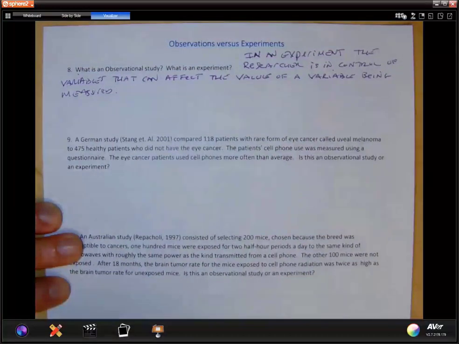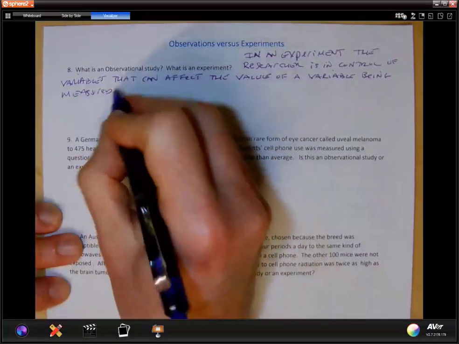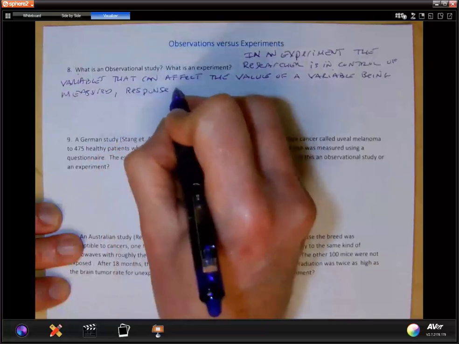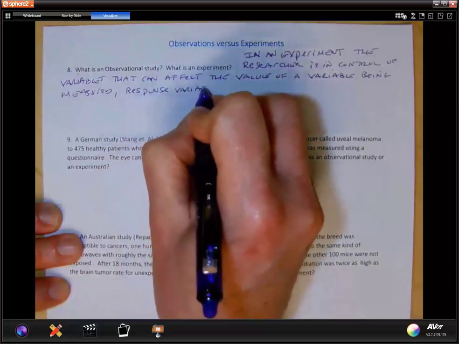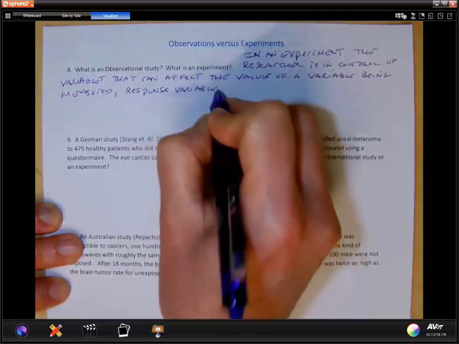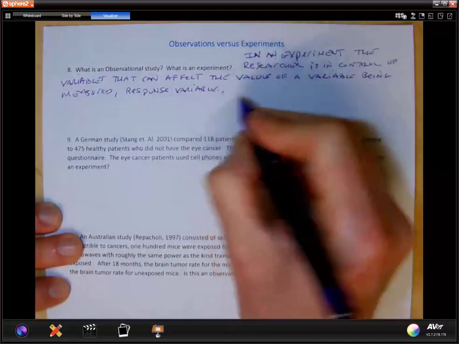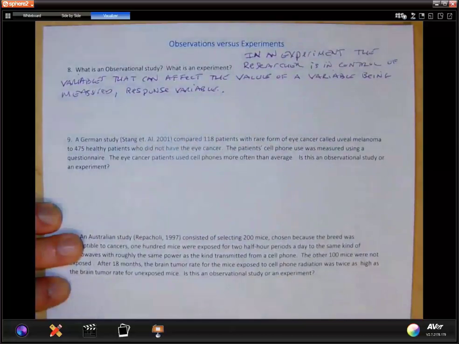That variable is called the response variable. It's the variable responding to the other variables that are being controlled, the values of those variables. So this is under controlled conditions.